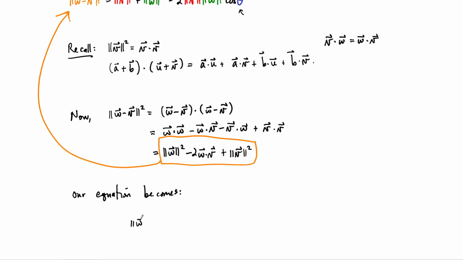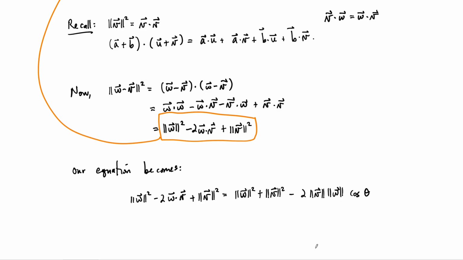It's going to be length of w squared minus 2 times w dot product with v plus length of v squared equals, on the other side, length of w squared plus length of v squared. I changed the order. Minus 2 times the length of v times the length of w times the cosine of the angle theta between the two vectors.